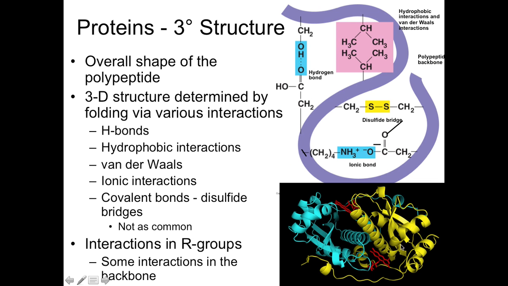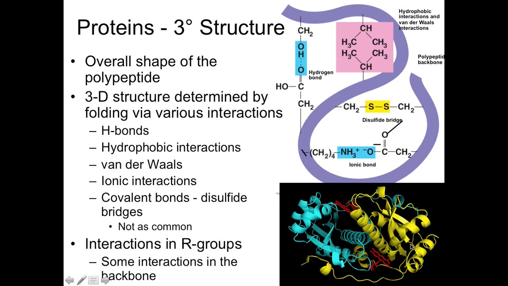All right, I want you to take a look at this 3D model of a protein, and I want you to notice that there are multiple alpha helices in a single protein. Now, some people think the whole protein has to take on either an alpha helix or a beta-pleated sheet.